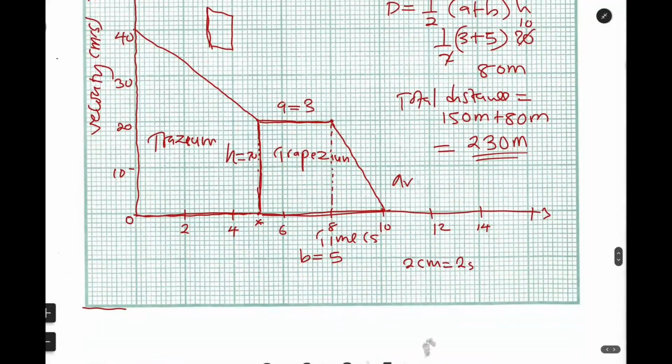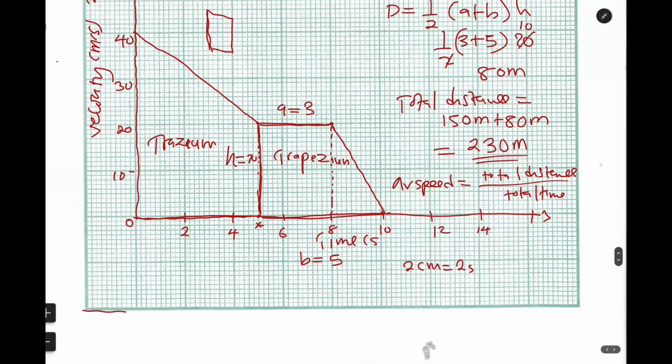So average speed is equal to total distance over total time. Here, what is the total distance? 230 meter. What is the total time? Total time is 10. So it's just going to be 23 meter per second. That is the answer, 23 meter per second.